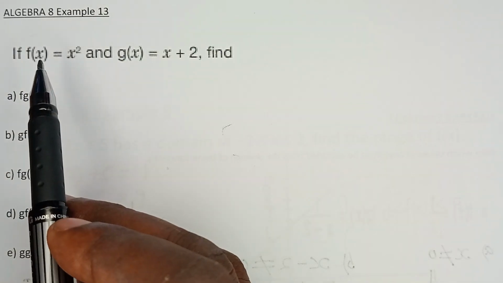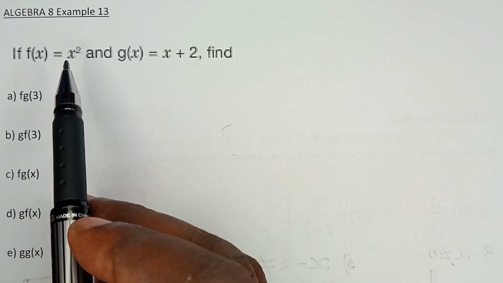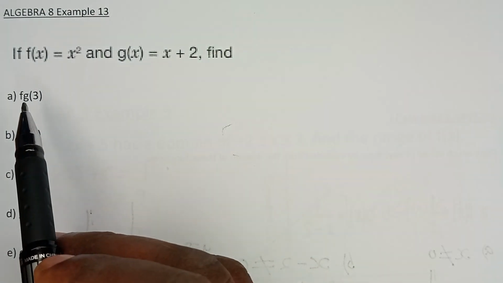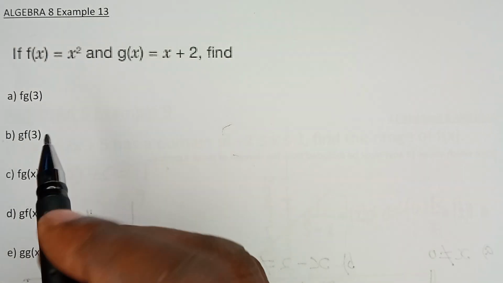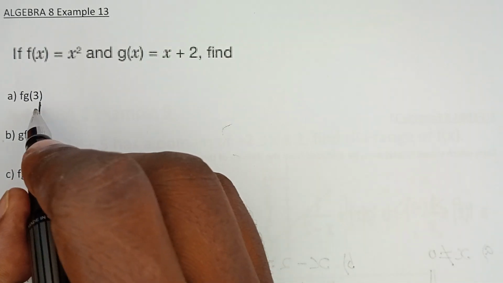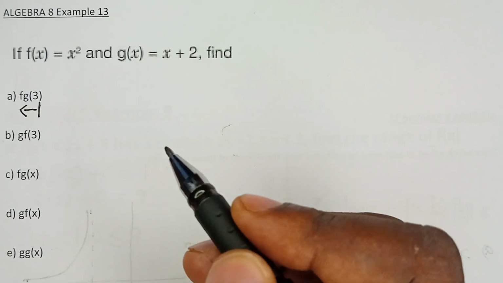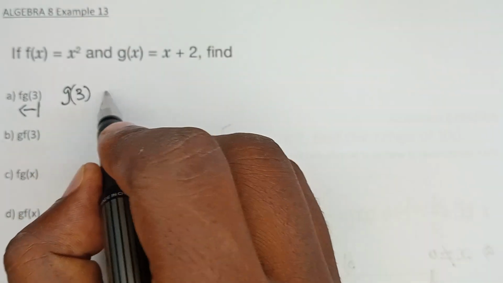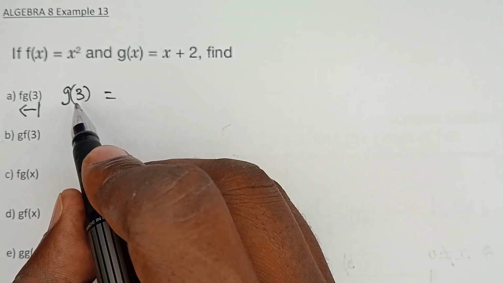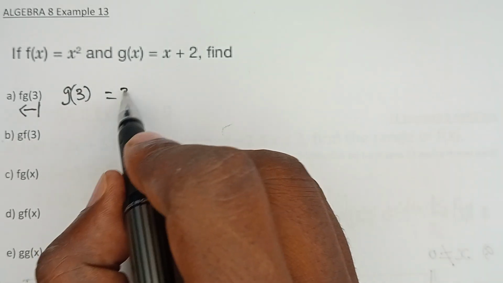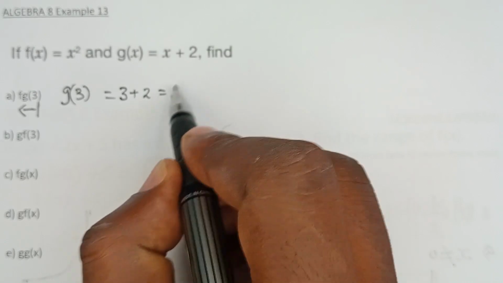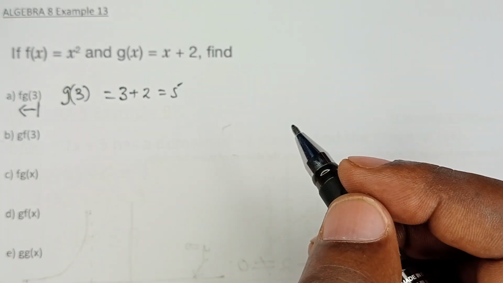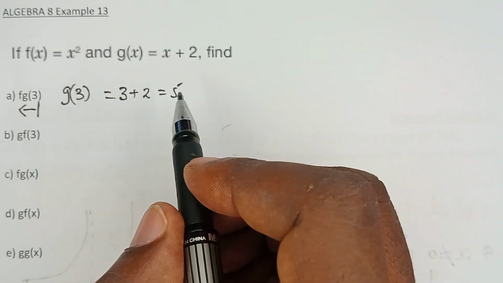So f(x) is x squared, and g(x) is x plus 2. Now find fg(3). The inside function first, moving outside. So we start with g(3). Our 3 is the raw material. So 3 plus 2 is 5. Now 5 is the product, or the range of the first function.